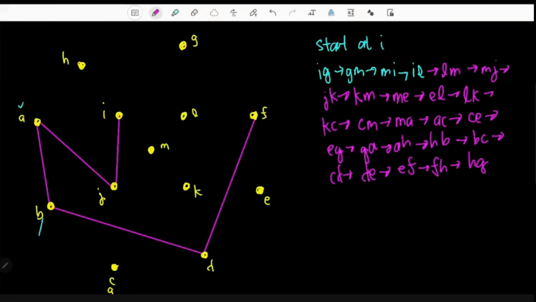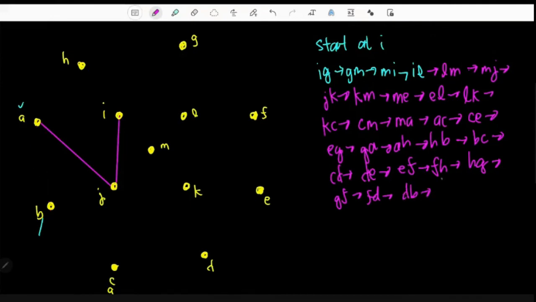So that's GF and then FD and then DB and then BA and then AJ and finally JI. And that's your end. So this is a Eulerian trail.